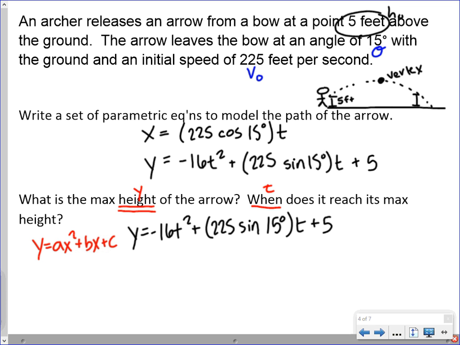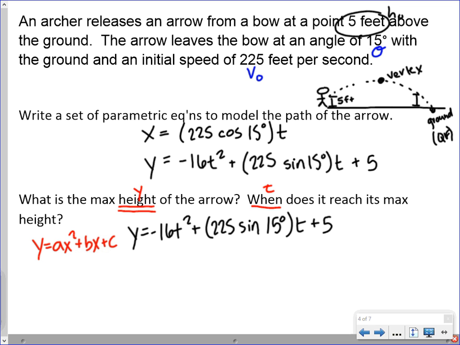What does the quadratic formula find for you in the picture? Does it find the maximum? No, it finds the zero. So if you wanted to know when the arrow hit the ground, and we will want to know this on my next slide, then you could use the quadratic formula.